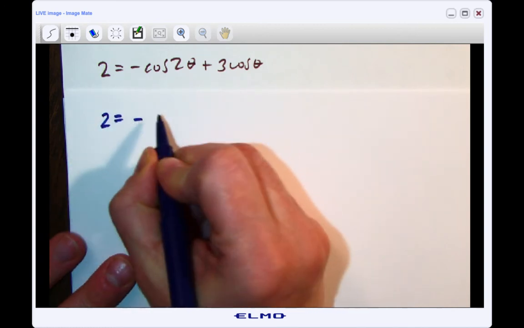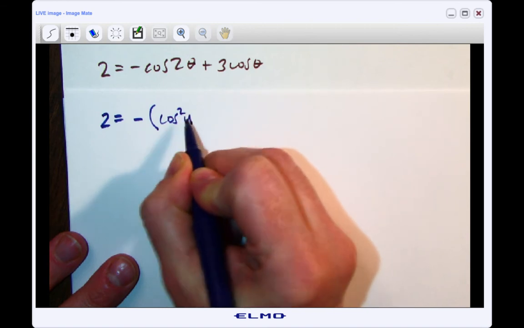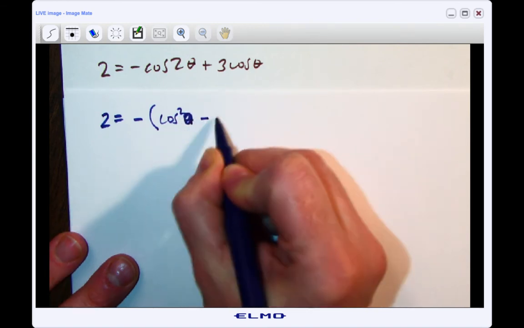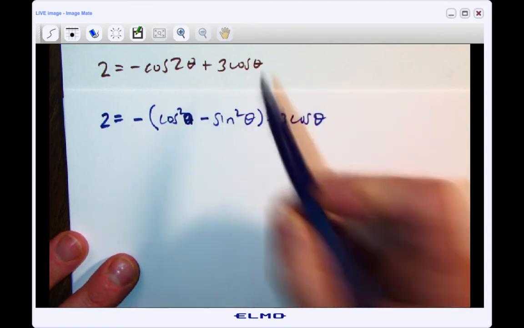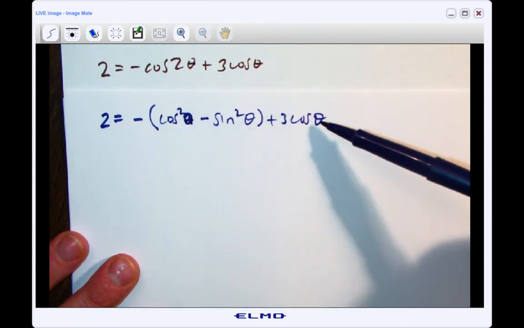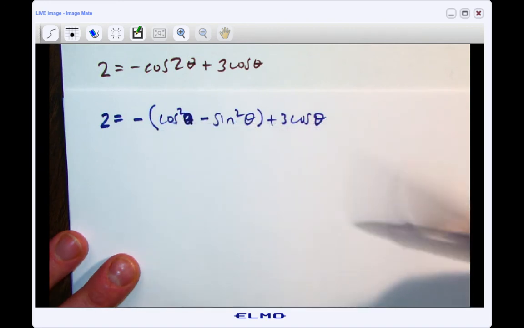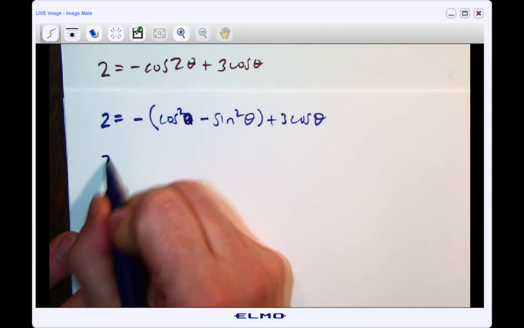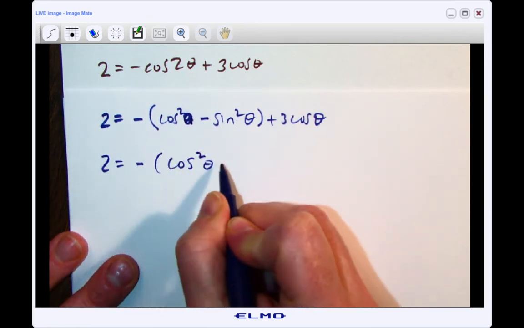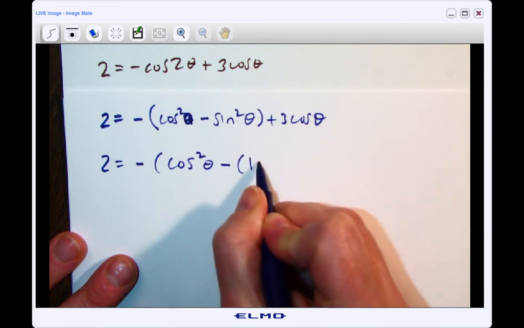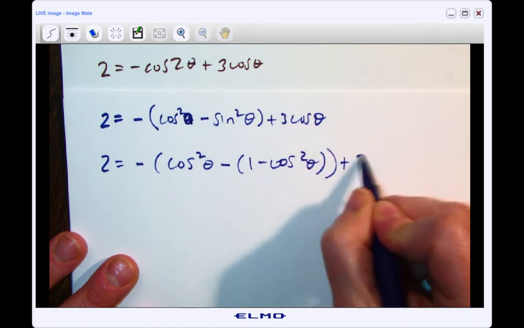So I'm going to change this to cosine squared theta minus sine squared theta plus 3 cosine theta. Now hopefully you know what you really want is just cosines, because I have a cosine here. If you had changed this to the 1 minus cosine right away, that works too, but I don't usually bother to waste the brain energy figuring out those other ones, because I know it's easy to change it to this real quick.